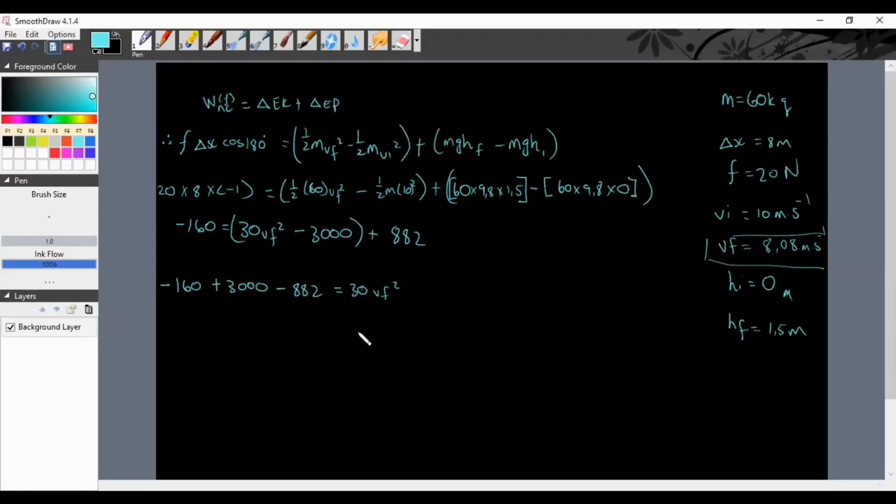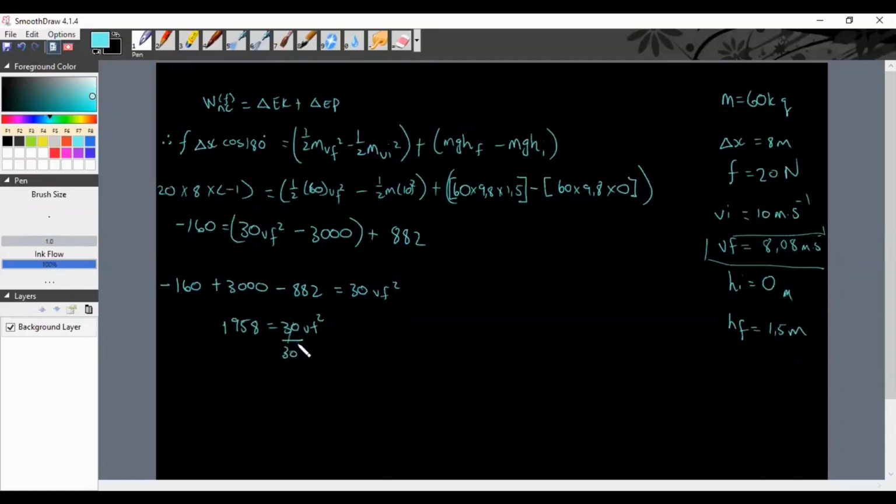So punch that in on my calculator: plus 160 plus 3,000 minus 882, which gives me 2,958. Gives me 30 VF squared.